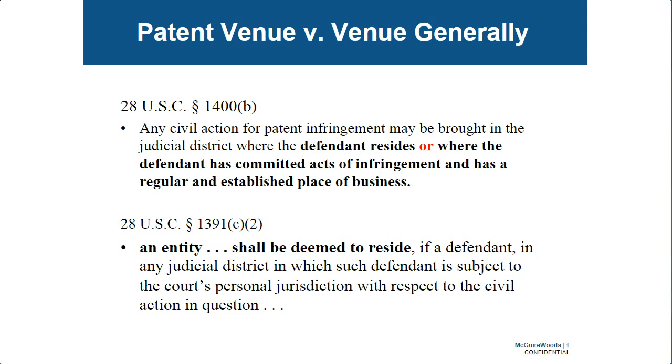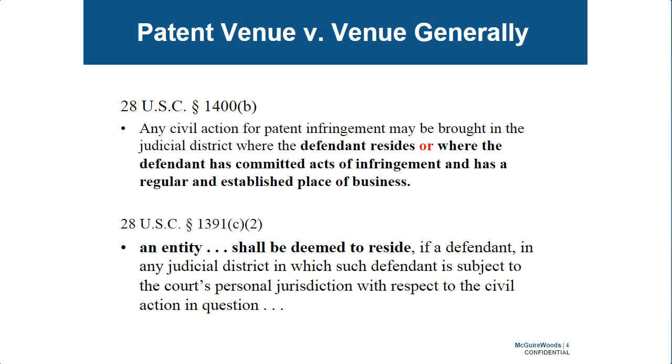So before the T.C. Heartland case, the general venue statute, which is 28 U.S.C. 1391, was also applicable to patent venue. So in the general venue statute, an entity shall be deemed to reside in any place where the defendant is subject to personal jurisdiction by the court.